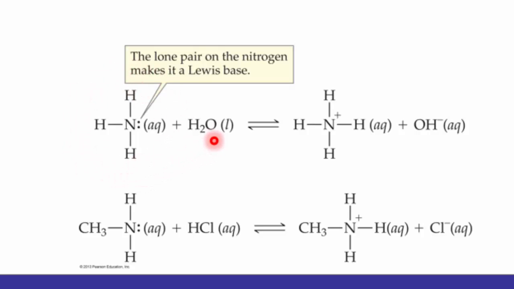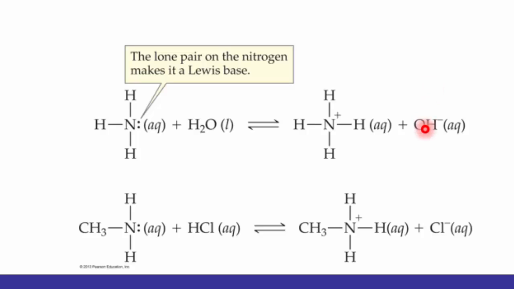When we dissolve ammonia in water, this is a Lewis base because it has this lone pair on the nitrogen. Then it can accept a proton here to form this ammonium ion. Also in this case, it can react with HCl to form this compound.